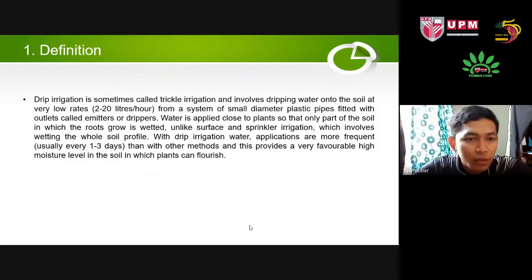With drip irrigation, water applications are more frequent. It is usually every 1 to 3 days, more than with other methods, and this provides a very favorable high moisture level in the soil in which plants can flourish. So let's move on to the next slide.